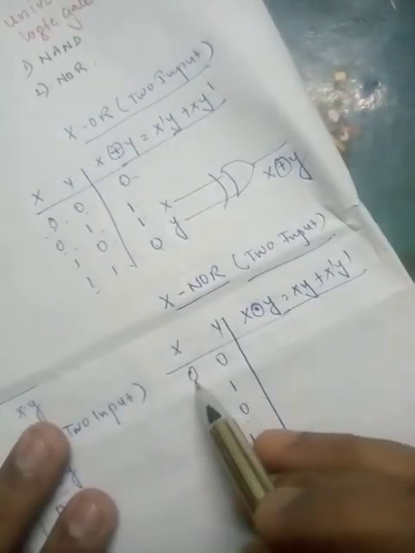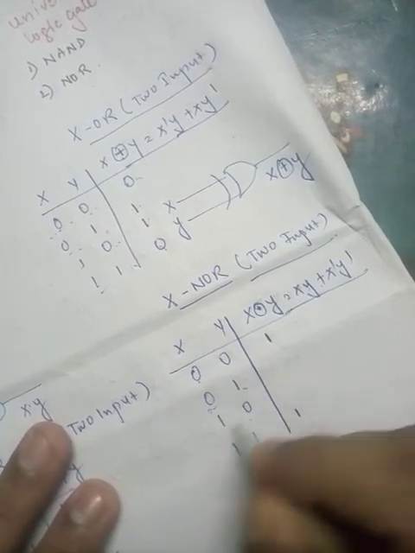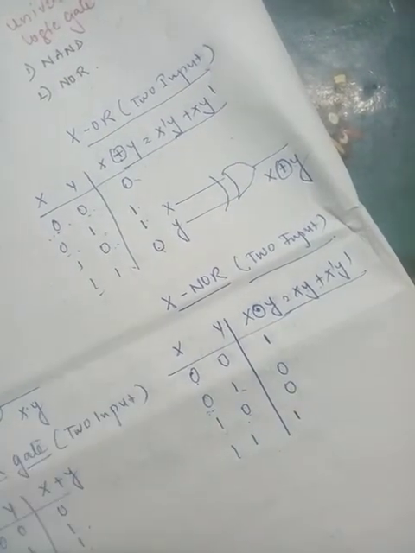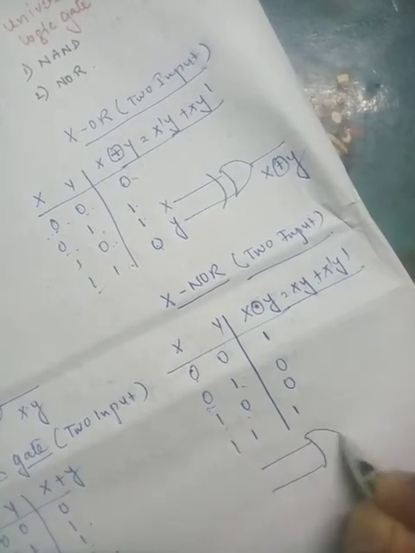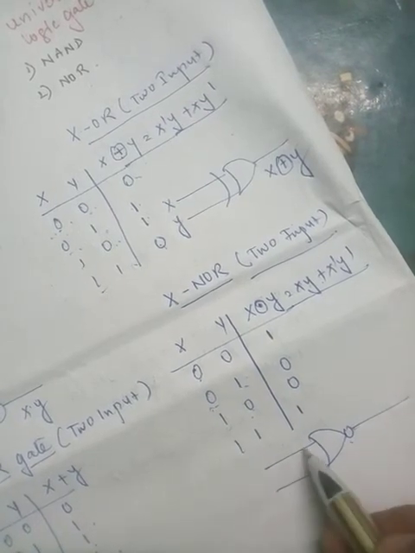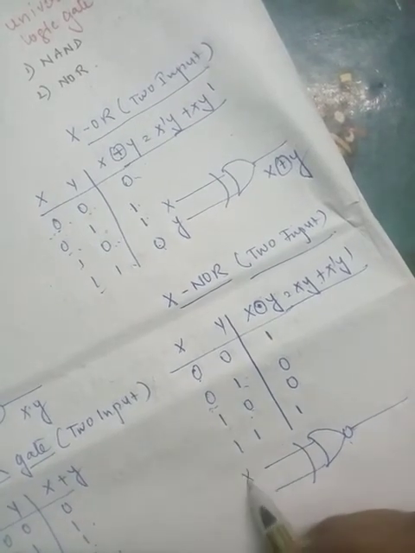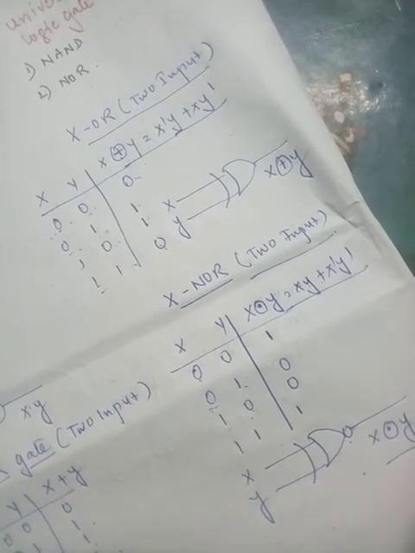Now see, same way like this, if the input is the same, the output is 1. If there is a change in the input, it is 0. Now what will be the logic gate? Same as this, but there will be one symbol of NOT gate and this extra symbol, x XNOR y. So this is our today's class.